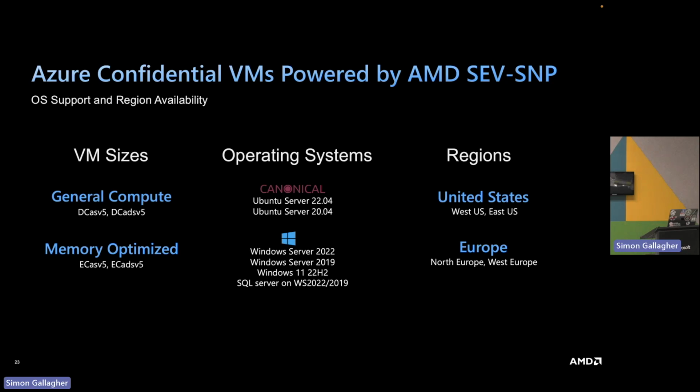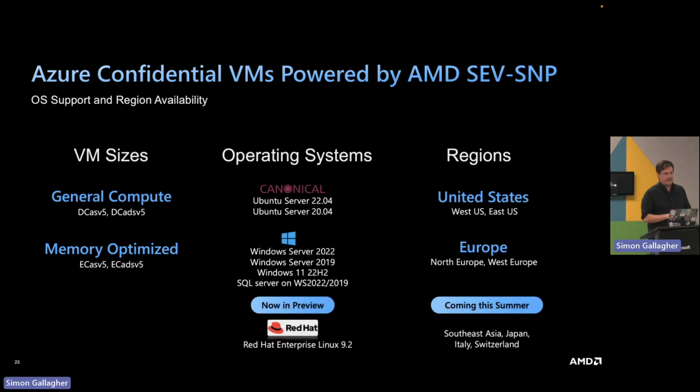So D series, C for confidential, and then the tiny little bit that we forget and hide: the A there indicates it's AMD, which means it's running on an AMD processor capable of SEV-SNP. In the control plane, you can filter the SKUs for a VM, and you can now filter to a confidential SKU. Currently there's support for Ubuntu, various flavors of Windows, obviously including Windows 11.